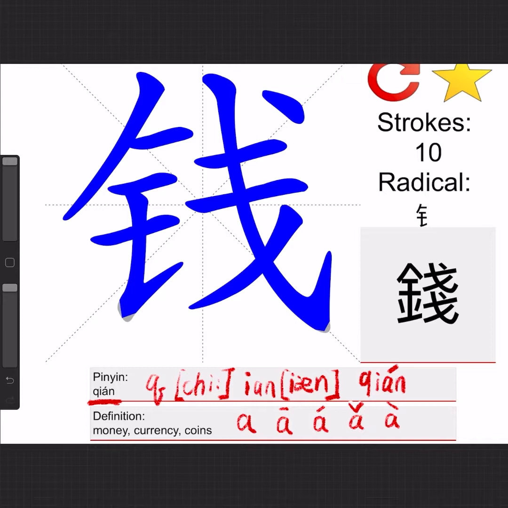And also, it is used as a unit of measurement.